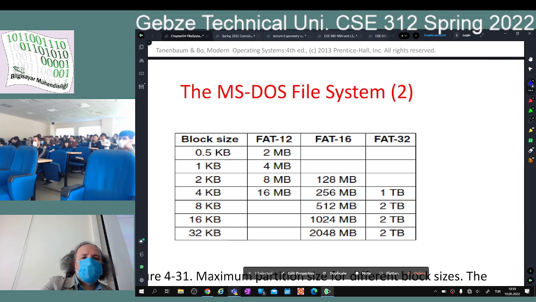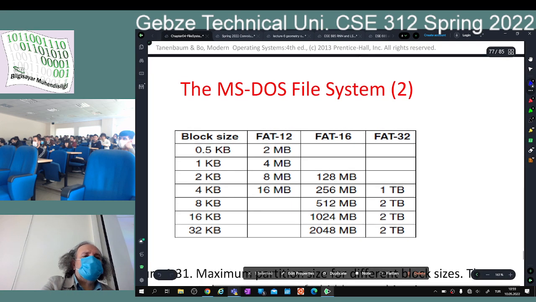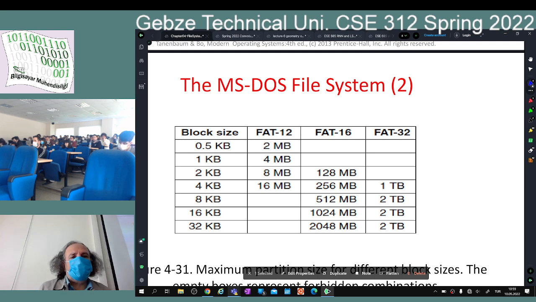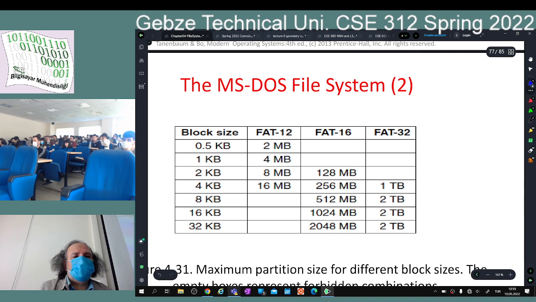If your block size is half a kilobyte, that means 2 to the 9, and you have 12 bits for the block. That means 12 plus 9 is 21. 2 to the 21 is 2 megabyte entries.